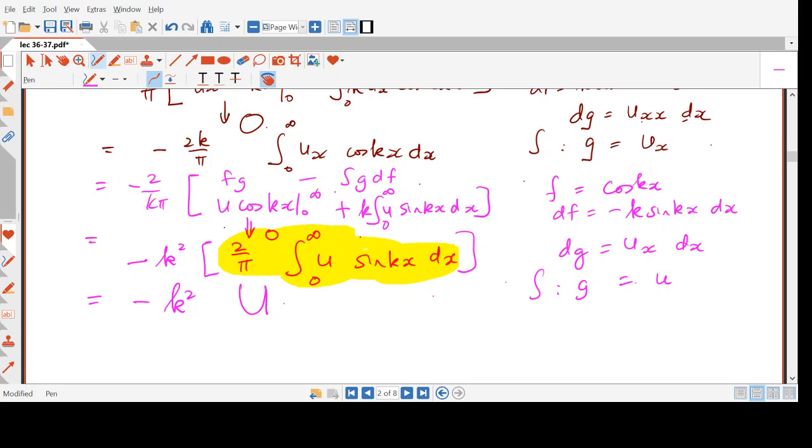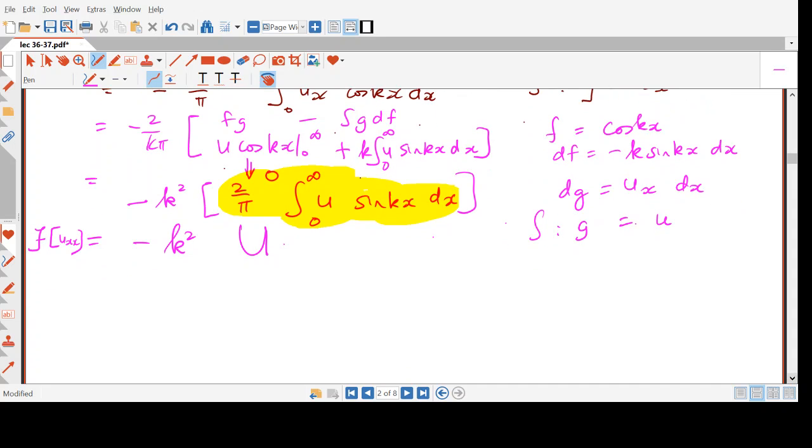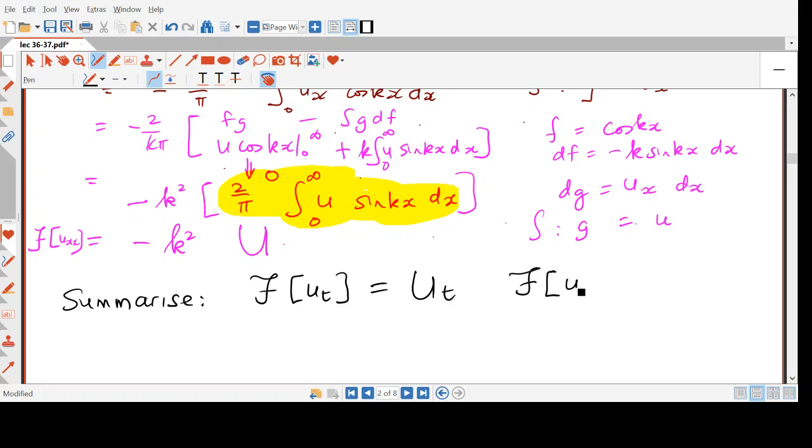So then the Fourier transform of uxx is minus k squared U. Just to summarize that, what we have achieved so far is that the Fourier transform of small ut is big Ut. Fourier transform of uyy is big Uyy. And the Fourier transform of uxx is minus k squared U.